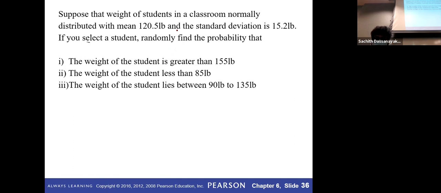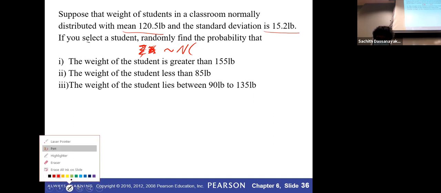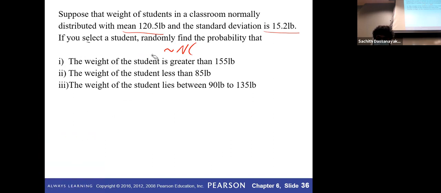In this case, if you remember, this is the mean, this is the standard deviation. Starting from now, I'm using my notations, our standard notations. Yes, it is not standard normal, it is normal. We are talking about the normal distribution.